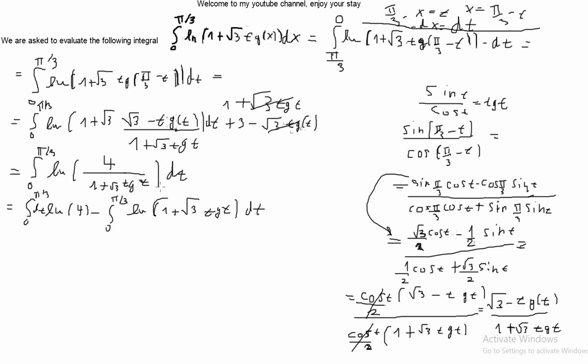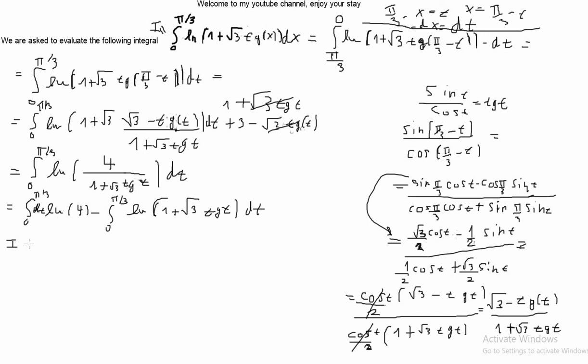If we call this integral I, this is also I. So our integral is equal to I minus... this is a constant, dt ln 4.